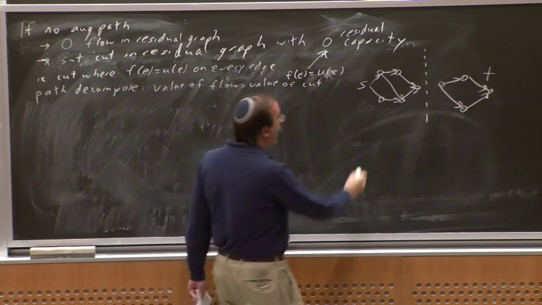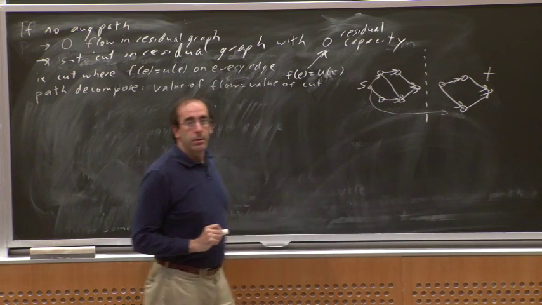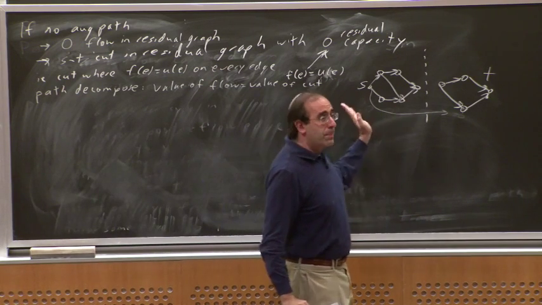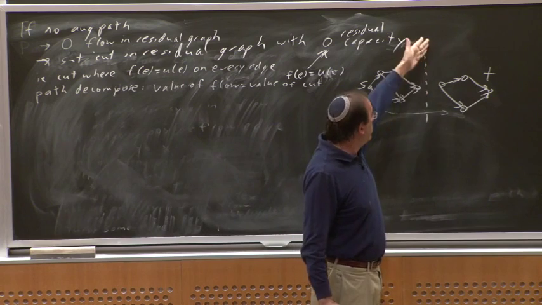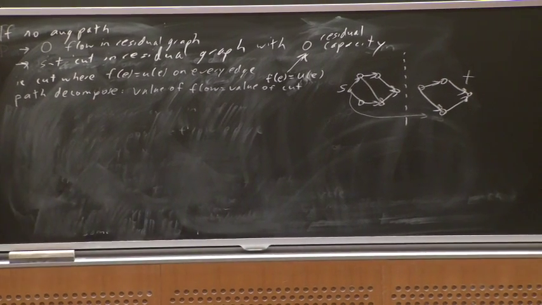Because each of the paths out of S has to cross that cut. And so the total flow value on all of those paths is equal to the total flow value, the total capacity of all of the edges crossing the cut.